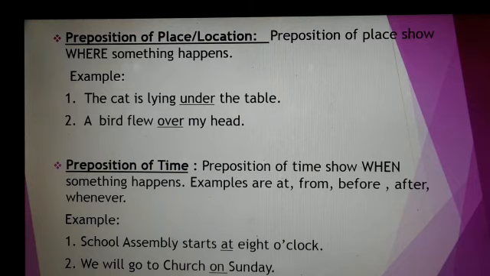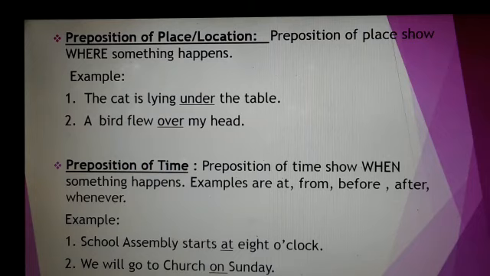The under there is a preposition signifying the position or the place where the cat is. A bird flew over my head. Of course, that indicates preposition of place.